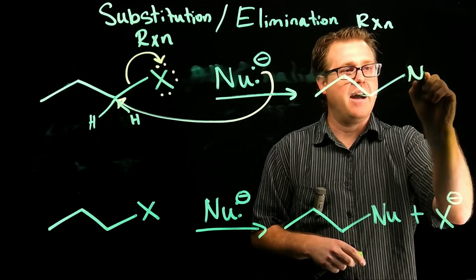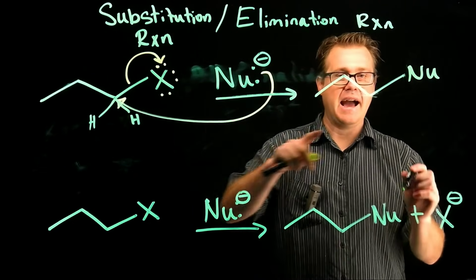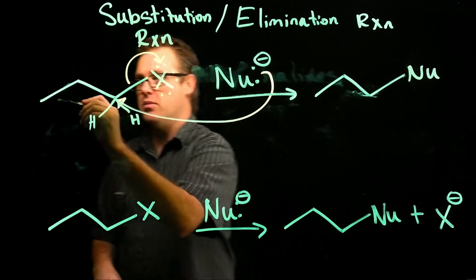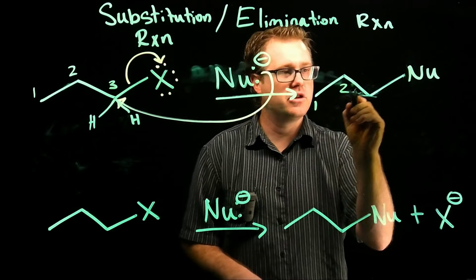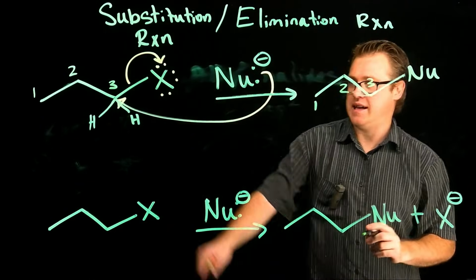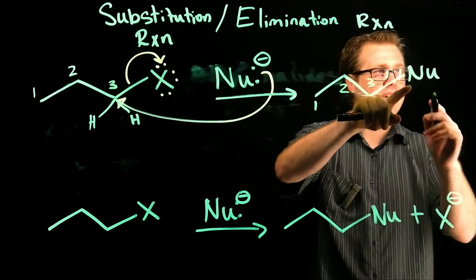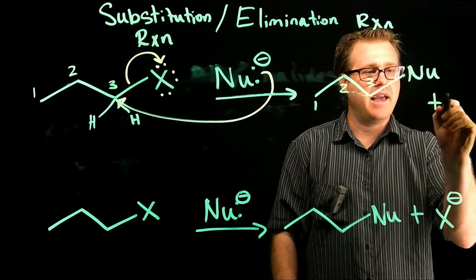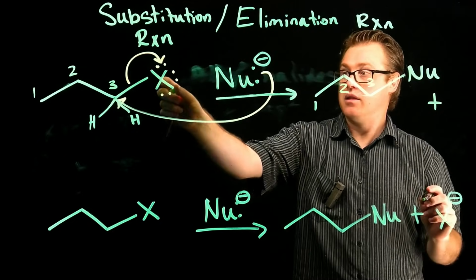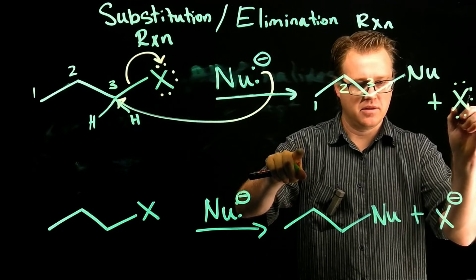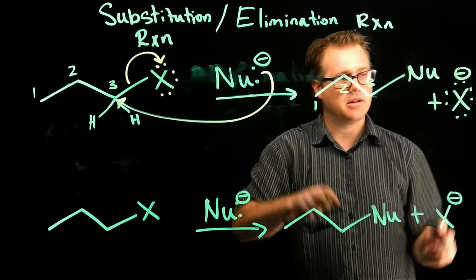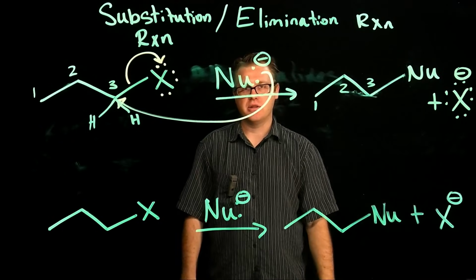So now what we have, the nucleophile attacks that carbon, and if we want to number them, 1, 2, 3, 1, 2, 3, the nucleophile attacked carbon 3, you see it's attached to carbon 3, and then the halogen came off, so now that halogen is negatively charged.